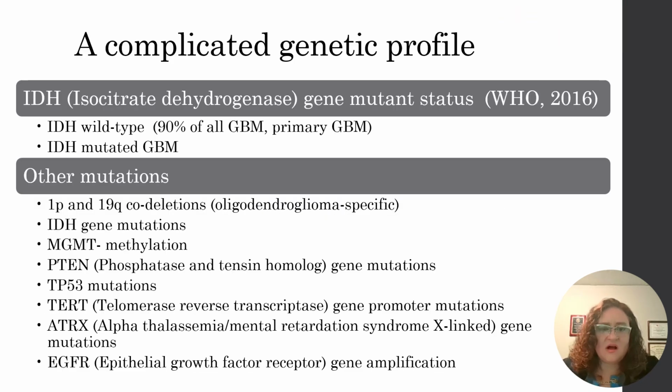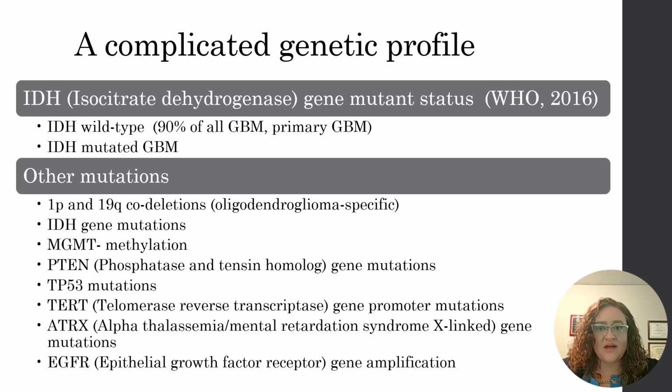So there's a very complicated genetic profile for glioblastoma, but based on the 2016 classifications from the World Health Organization, any diffuse grade 4 astrocytoma was classified as a glioblastoma, and the only further differentiation looked at wild type versus mutated, and then methylated versus unmethylated.